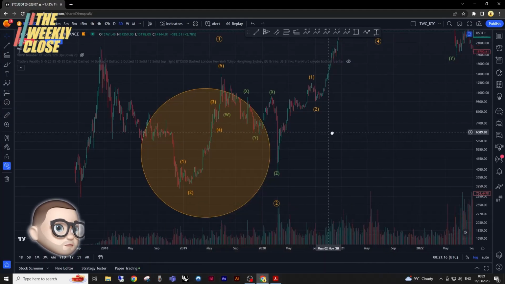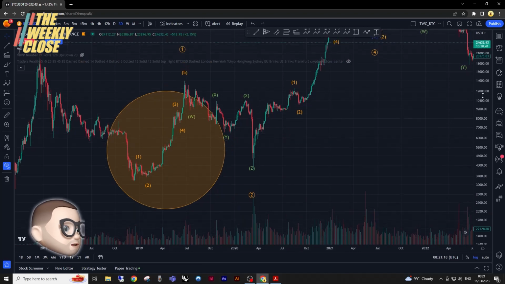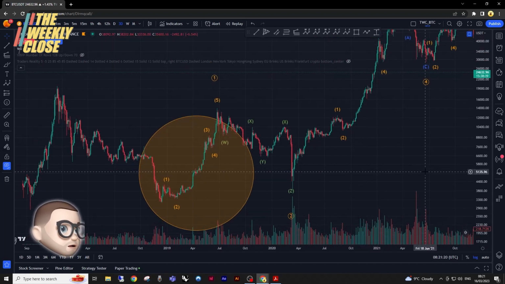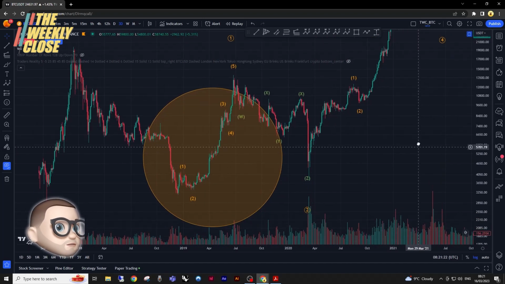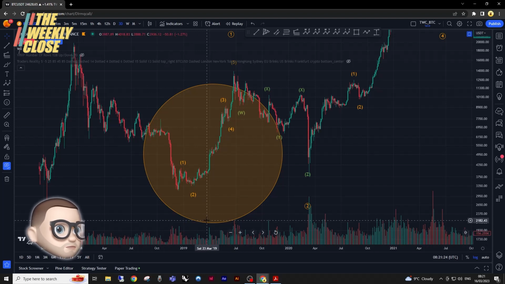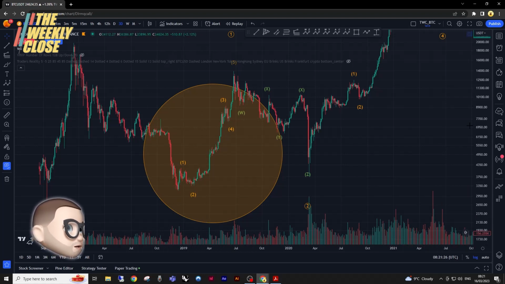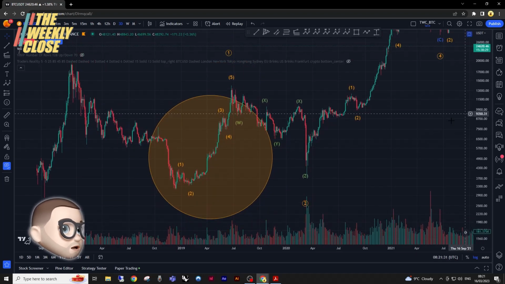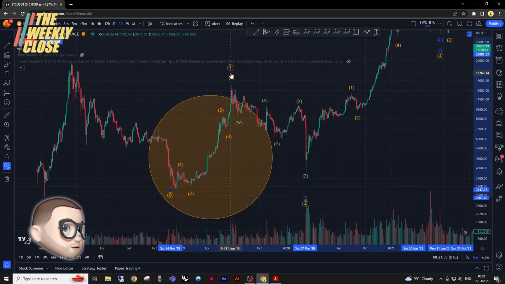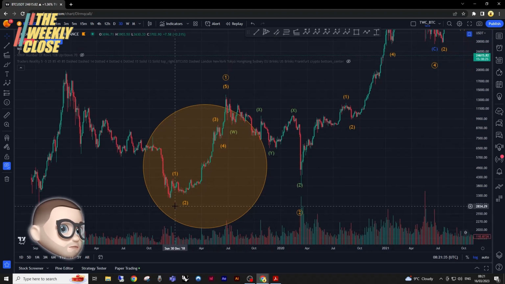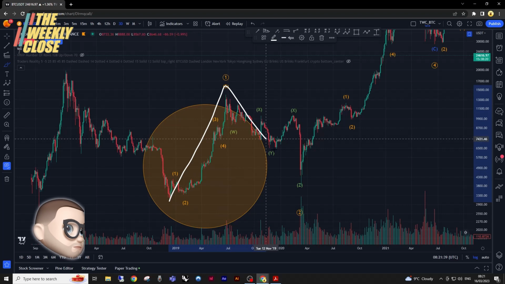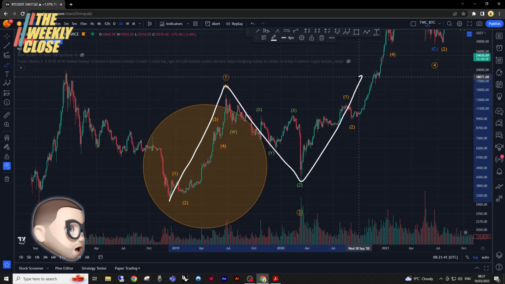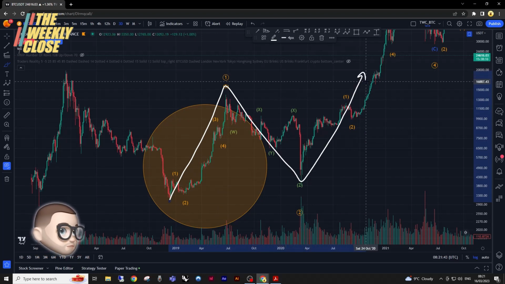So one notable example, and this is something I'll be sharing just on my account at large on Bitcoin, but I wanted to go back to October 2019, because it's quite a nice clear-cut example where you'll see on a larger time frame, and this is where the numbering and the notation differs, I've identified this as a wave 1 going into a wave 2 before going up into that 3.